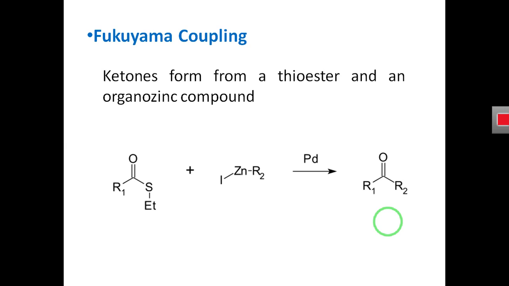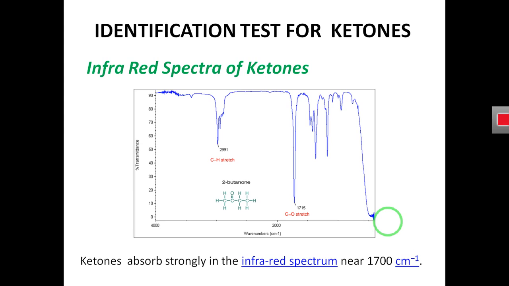So I hope students, you have it clear in your mind how a catalyst assists a reaction that is based on one reactant, and how a catalyst assists reactants to make a product in a reaction that is based on two reactants. Now we are going towards the identification tests of ketone.